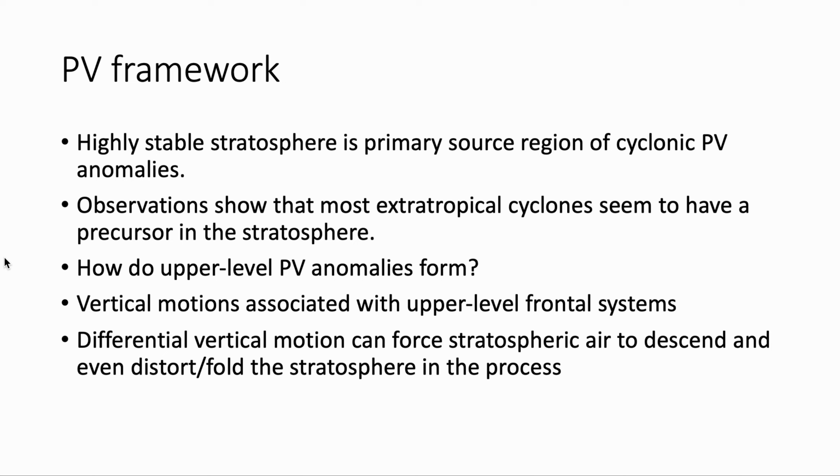We know that these exist in the stratosphere, but often we observe that they descend all the way down. And these are very often caused by upper level frontal systems that essentially cause the descent of stratospheric air, coming all the way down. These systems can distort the stratosphere and cause these injections of high PV air into the troposphere.